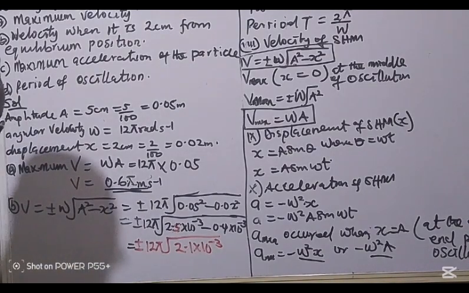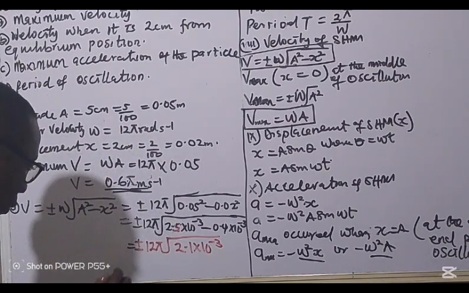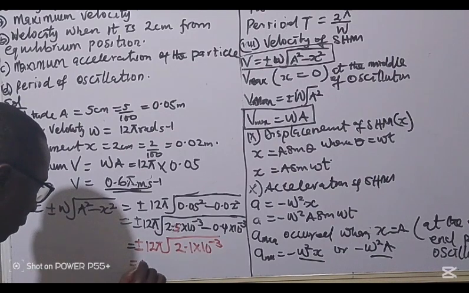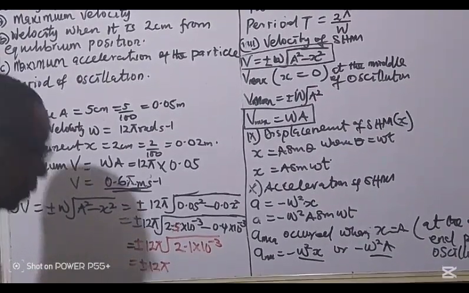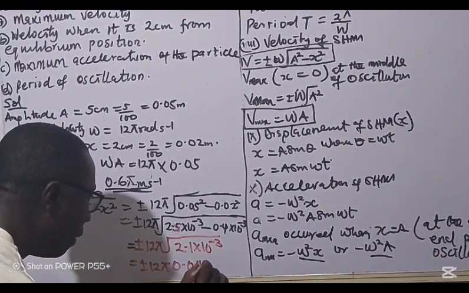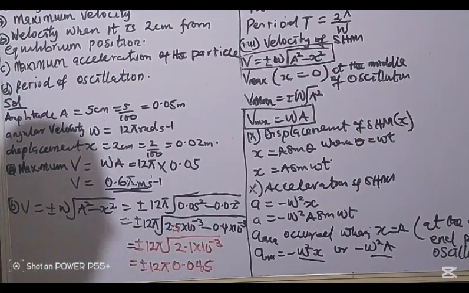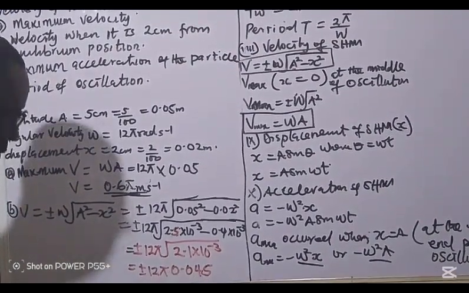The square root of 2.1 times 10 raised to power minus 3 is 0.045. Now multiply 12 pi by 0.045.